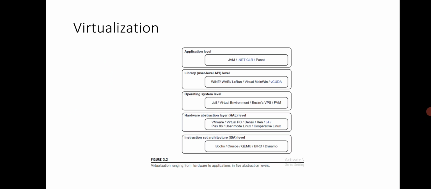Now you can see the virtualization ranking from hardware to application in 5 abstraction levels. There are 5 levels in virtualization: application level, library level, operating system level, hardware abstraction layer level, then instruction set architecture level.